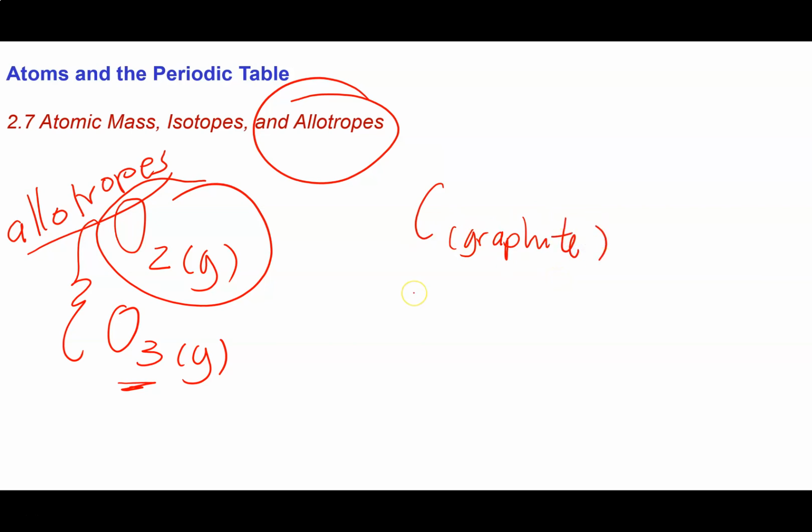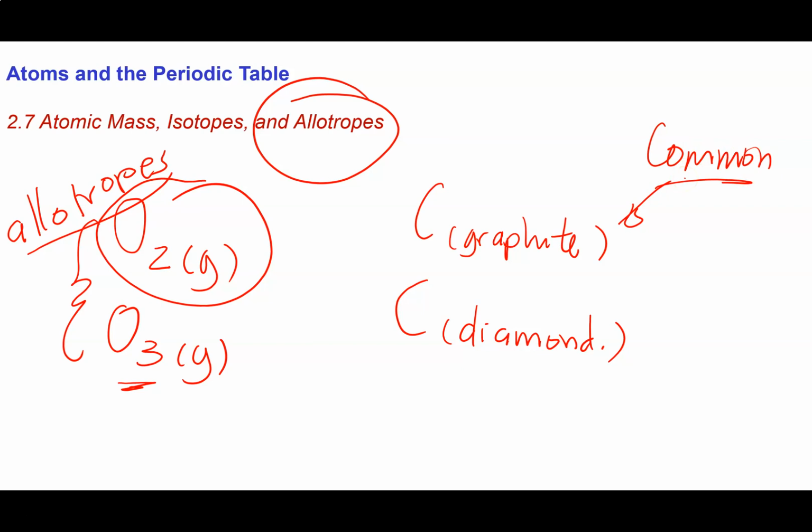But there is another allotrope of carbon, and that's referred to as diamond. And there are 2 forms of the same element. This one is common and is what we generally mean when we talk about elemental carbon, and this one is rare, which is why it costs so much money.